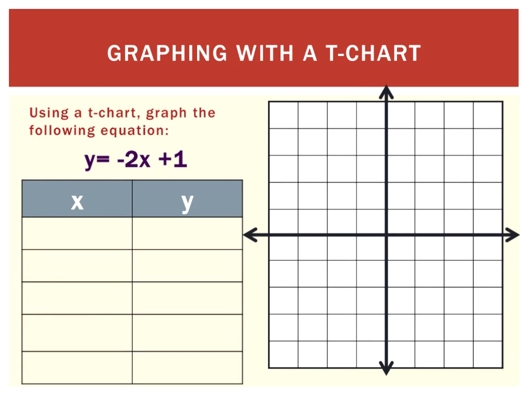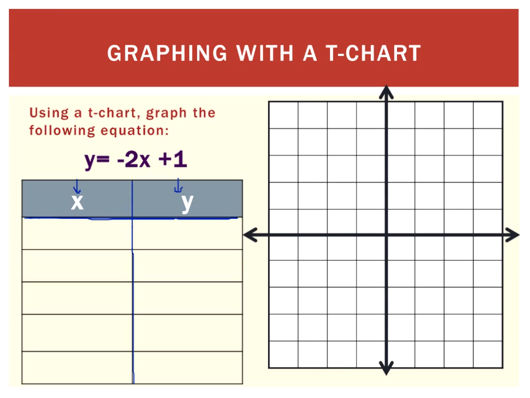Another way we could look at graphing something, and again, this is slope-intercept, but I want to bring it up because it's going to help us later on when we model equations, is to use a t-chart. And t-chart gets its name because we usually kind of draw in a t. What this is telling me is choose an x point, substitute it in, and find what the y point is.